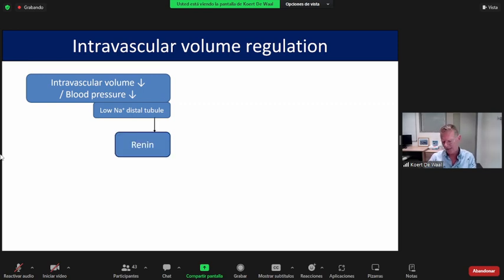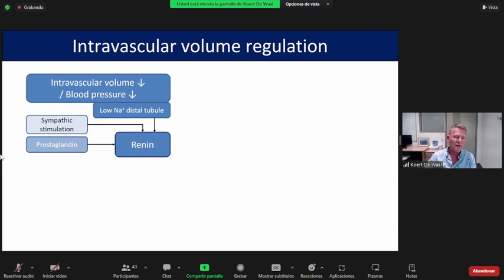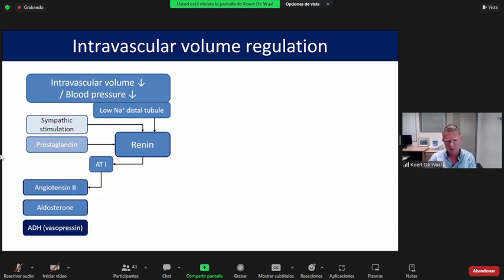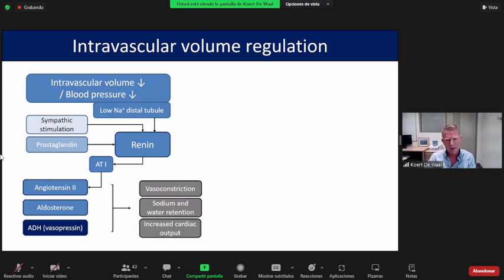Then you activate your renin, which can be further activated via different systems, your sympathetic stimulation and your prostaglandin system, which then goes to that cascade of angiotensin 1 and 2, aldosterone and ADH, or vasopressin as it's known. And that will then lead to vasoconstriction, sodium and water retention, and an increase in cardiac output.